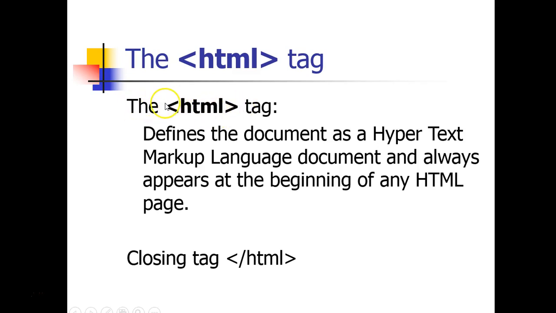So you'll see there's a left angle bracket, a right angle bracket with the tag in the center of it. That's the opening tag, and then there's always a closing tag as well, and you'll notice that the closing tag is almost identical, but it has a slash before the actual tag name, so it's /html.